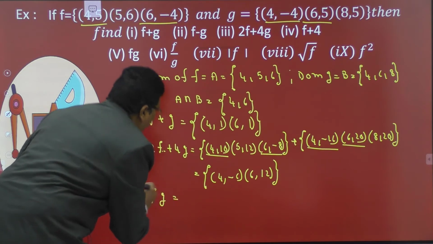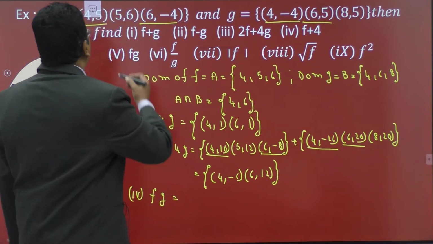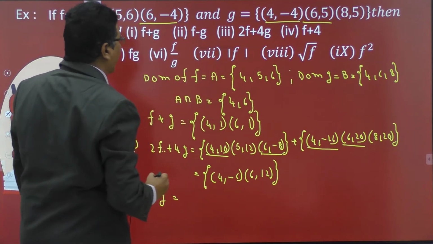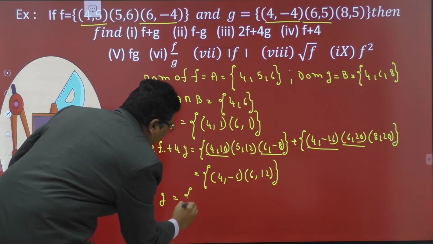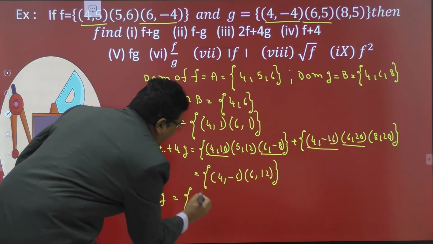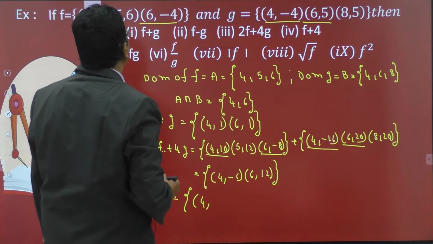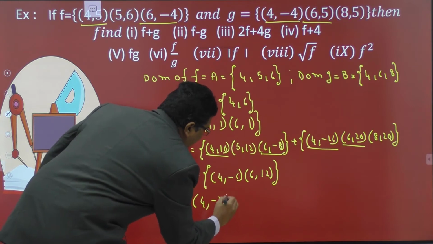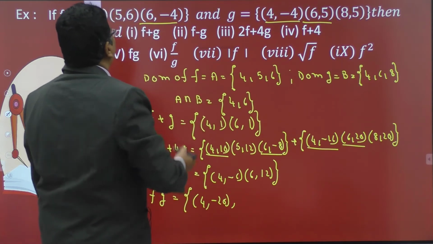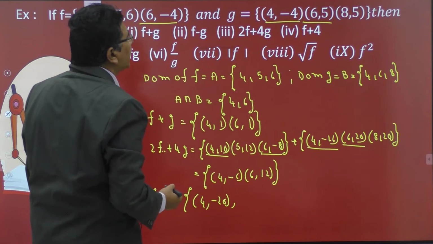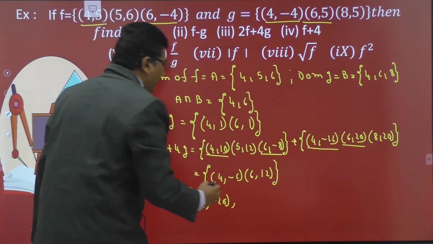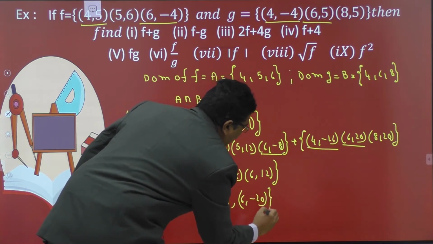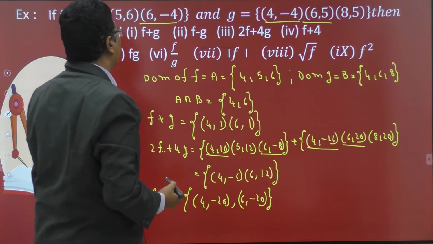Here also we have (4, 5) and (4, -4), so the set of all ordered pairs (4, ...), multiplying the second components, 5 into -4 is -20, and (6, -4) and (6, 5), giving (6, -20). So this is f into g.